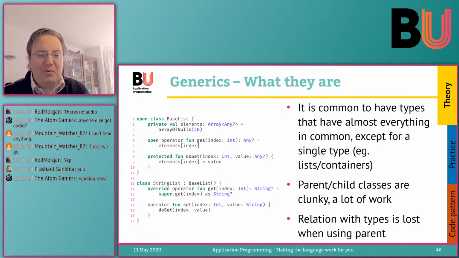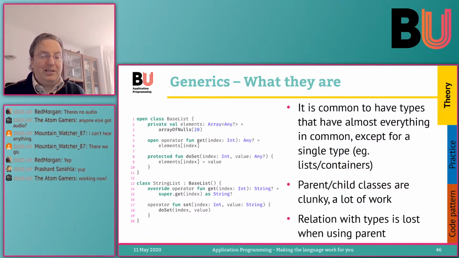So this is kind of how it works, but you don't really want to do that for every single type. And you need to do a lot of casts as well. So generics get rid of the casts, get rid of having to have a subclass just to make sure that the parameter types are correct, etc.